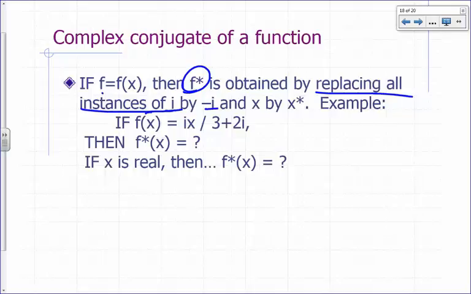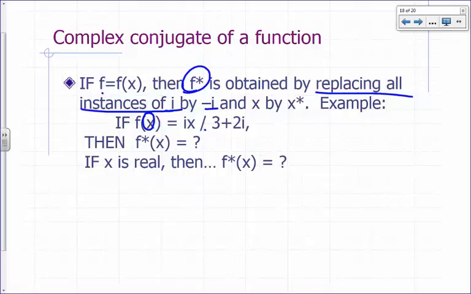And now if it's possible for x to be a complex number, then anytime you see an x, you replace it by x star. If you don't know if x is a real number or not, but it could be complex, then anytime you see an x, replace it by x star. Now, if you know x for sure is real, then you don't have to replace it by x star, because if it's a real number, x would be equal to x star.